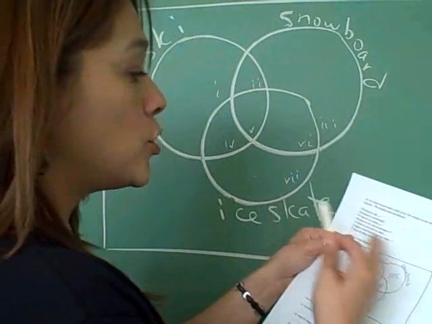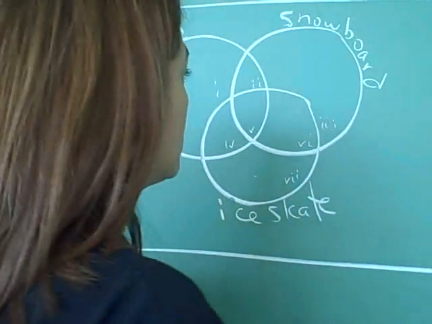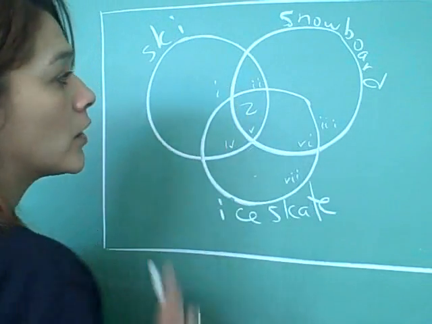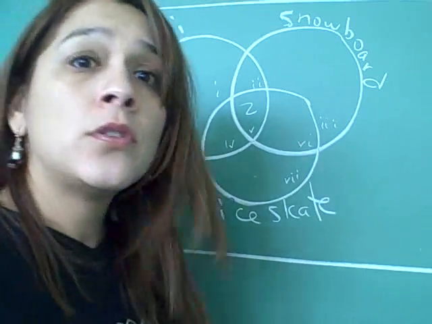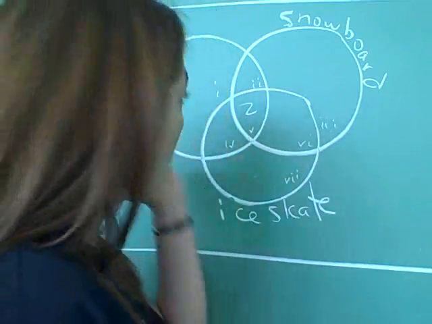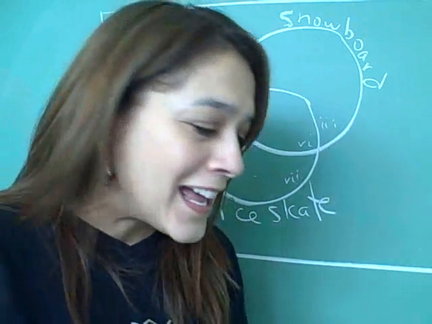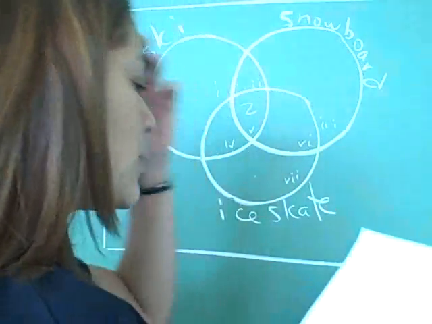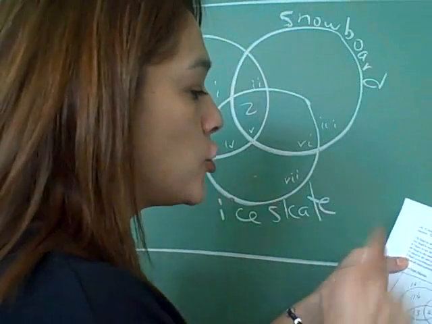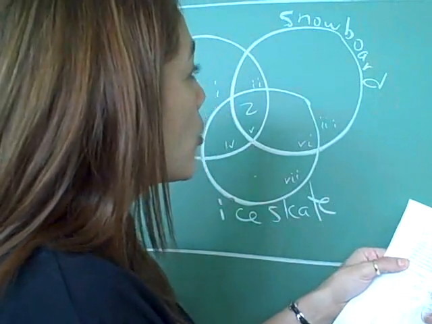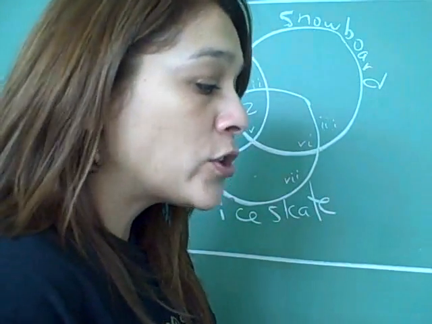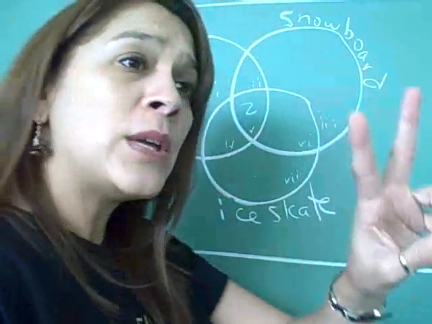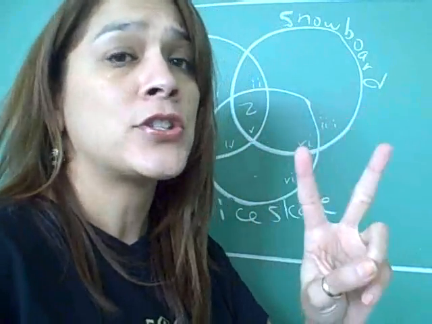So where it says 2 liked all 3 activities, your 2 would go there. Now, most of you understood that idea. You thought, all right, well, I got that part. Here's where the problem started. When you look at the second piece of information, it says 2 liked to snowboard and ice skate, which means that there's only 2 people that should land in that intersection.